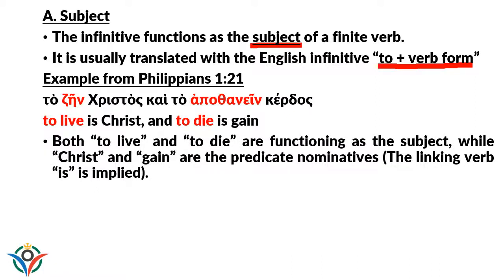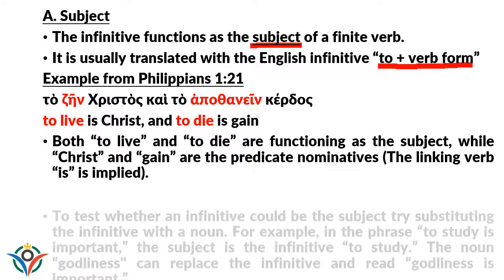So here, both the infinitives, zein and apothanein, which we translate as to live and to die, are functioning as the subject, while Christ and gain are the predicate nominatives. And you might be wondering, how can they be predicate nominatives if there's no linking verb, no eimi verb? Well, the eimi verb is implied in this verse.